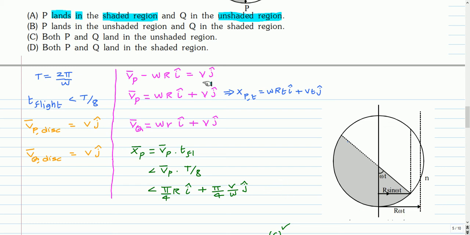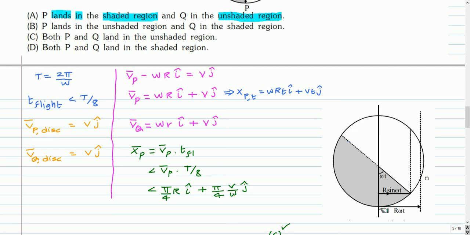And at any time, if you want to find the displacement of the pebble P, you multiply this with time t. So this will be omega r t in the x direction. And this shaded part will move a maximum distance of r sin omega t towards the positive x direction. And this pebble displacement is more than that, since omega t is greater than sin omega t.